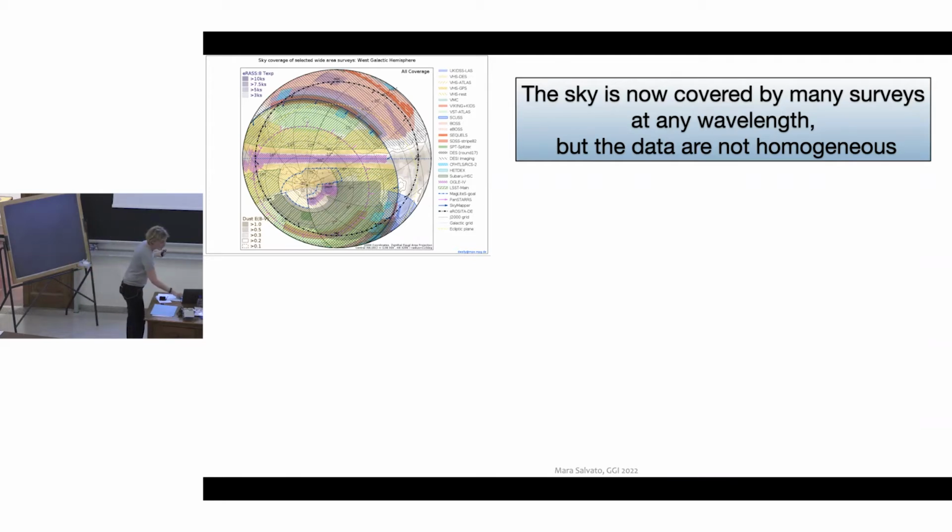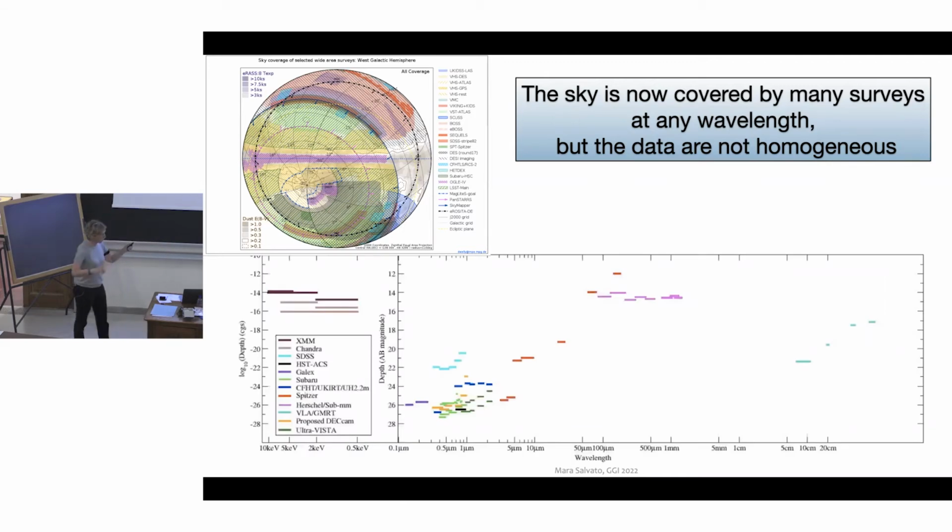And the problem that we have is to associate to the X-ray source the right optical source. Once you have it, you have to make a patchwork of all the photometry coming from the other surveys, because only in this way can you create the spectral energy distribution.